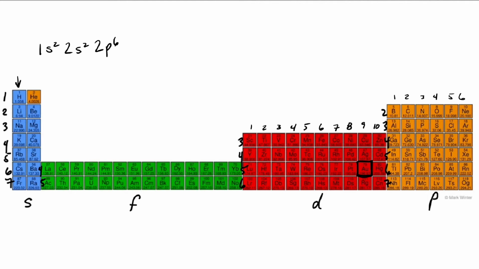The next that we'll run into is the 3s, which also has 2 electrons, and then the 3p orbital, which has 6. And now we have a choice between moving to the 3d orbital with its 10 electrons, or the 4s orbital with its 2.